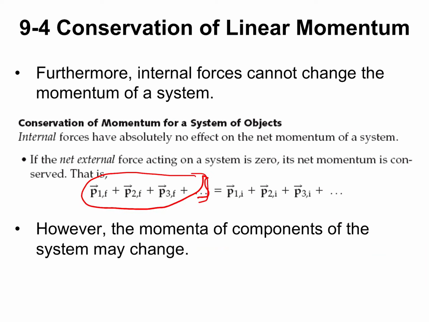You add all the momentum of the elements inside the system, and it equals all the momentum before, the initial momentum. So final total momentum P_F equals initial total momentum P_I. That's the conservation of momentum for a system of objects.